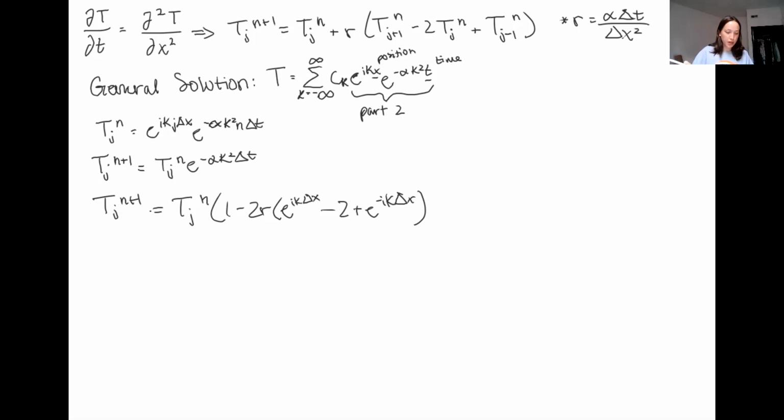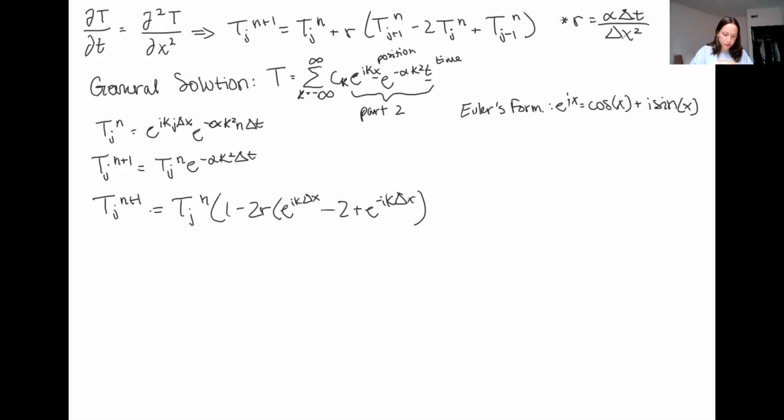So, okay, from here, we can simplify this using Euler's formula. So I'll go ahead and write that. And that is e to the ix is equal to cosine x plus i sine x.